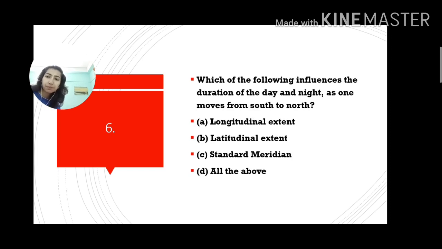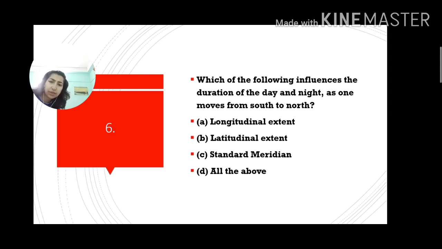Question number 6. Which of the following influences the duration of the day and night as one moves from south to north? Let me explain this a bit. South to north, as in if you're in India and you're moving from south of India to north of it, as in you are in Tamil Nadu or Kerala and you are coming upwards to north of India, then what is it that influences the duration of the days and nights?